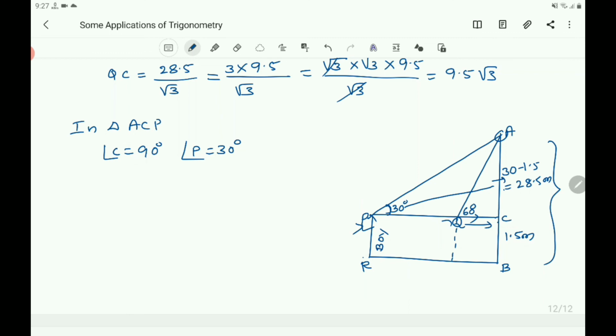Again here opposite side by adjacent side. PC is the adjacent side, AC is the opposite side. You take the tan ratio, tan theta equals opposite side by adjacent side.